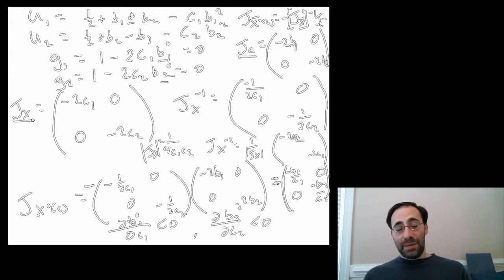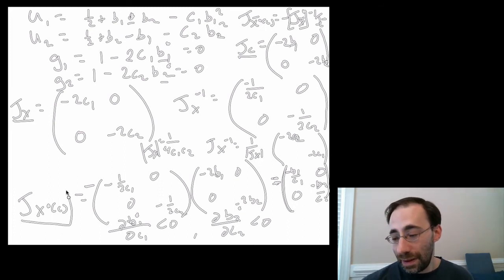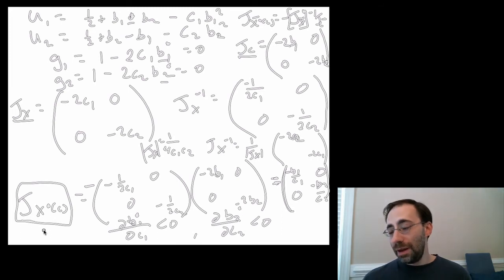You invert the matrix for the Jacobian corresponding to the b's. You multiply that inverse matrix times the Jacobian corresponding to the parameters c. Multiply the whole thing by -1, and that gives you the Jacobian related to the optimum.